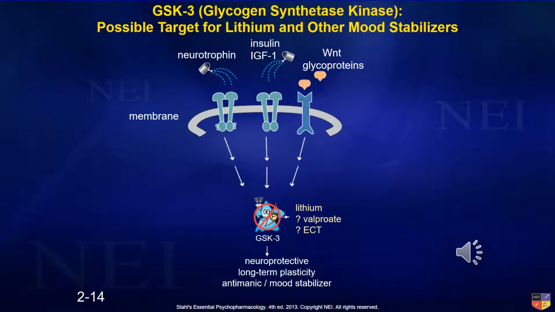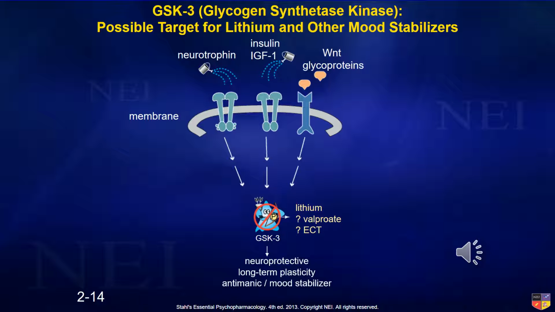We talked about the different mechanisms, both single function, multifunction, and multimodal of many of our medications. However, we have an especially important medication called lithium and some of the other mood stabilizers that also work on what's called the glycogen synthase kinase, or GSK3. And you can see here in the graphic that it is a multi-signal transduction cascade going down, where it blocks this enzyme that is needed for further action in the cell.